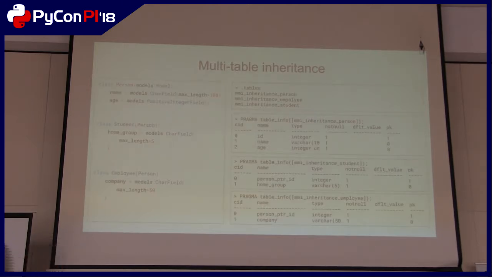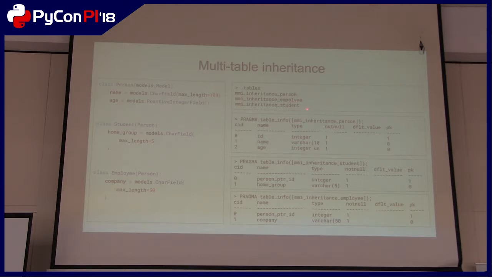Let's see how it looks in the database. Again, we have our Person model, a Student model with some additional fields we inherit from Person, but this time we don't add any Meta class with some attribute here. In the same way we create an Employee model inheriting from Person. And in the database we now have 3 tables.